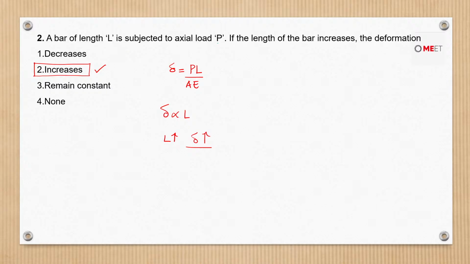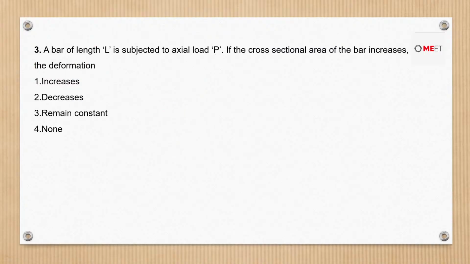Moving to the next question. A bar of length L is subjected to axial load P. If the cross-sectional area of the bar increases, then the deformation is dash. So one single formula, and from this formula we have derived three questions. Delta is inversely proportional to area, A to the power minus 1.